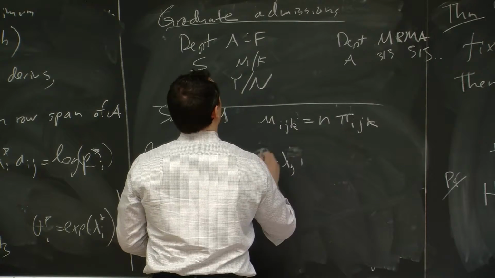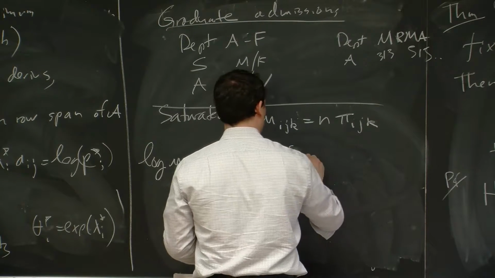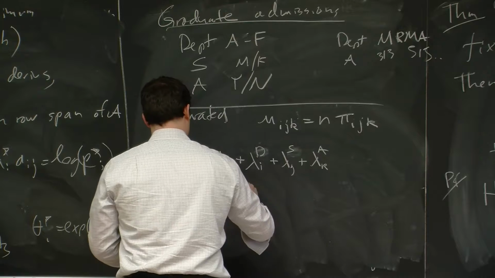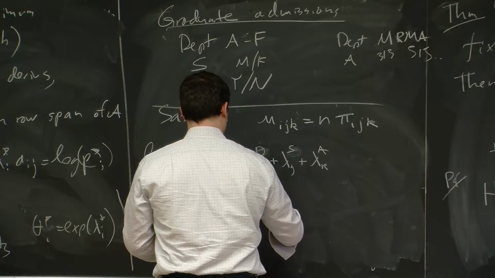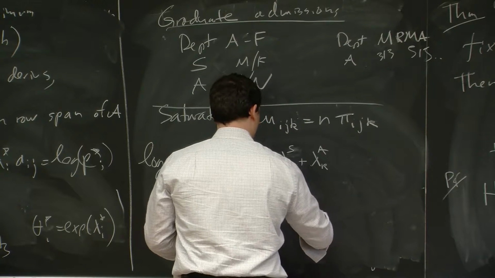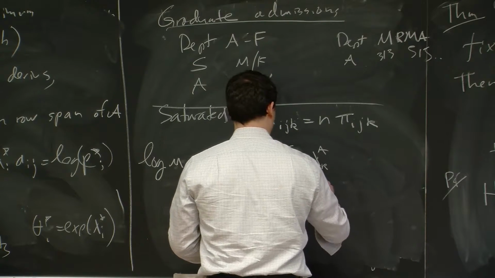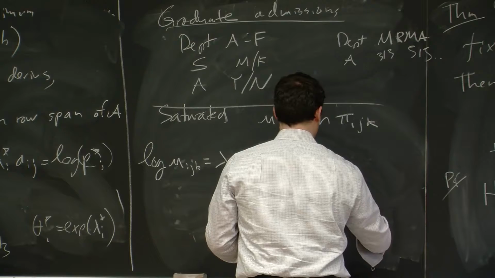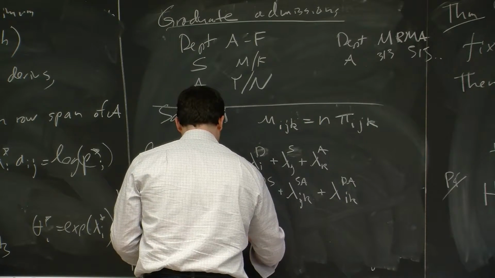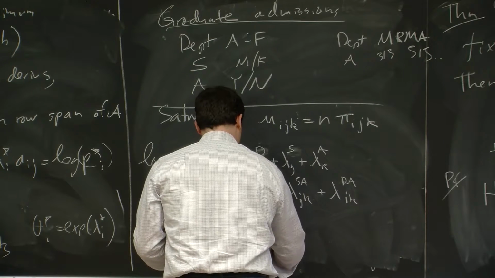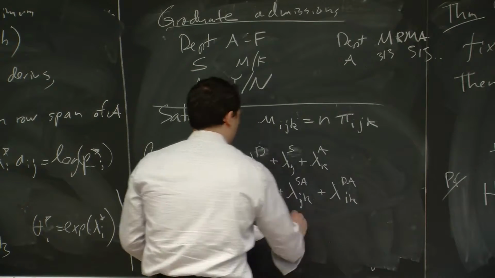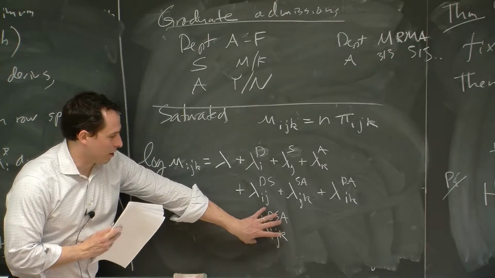Let's make these T, S, A. We have terms for each of the two-way interactions, and we have a three-way interaction term. If we got rid of that, it would be the homogeneous association model.